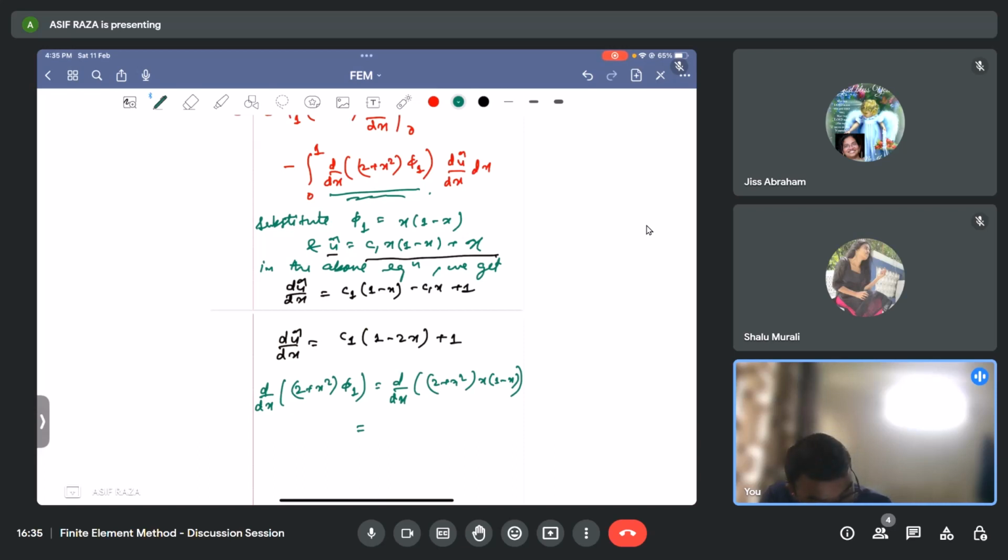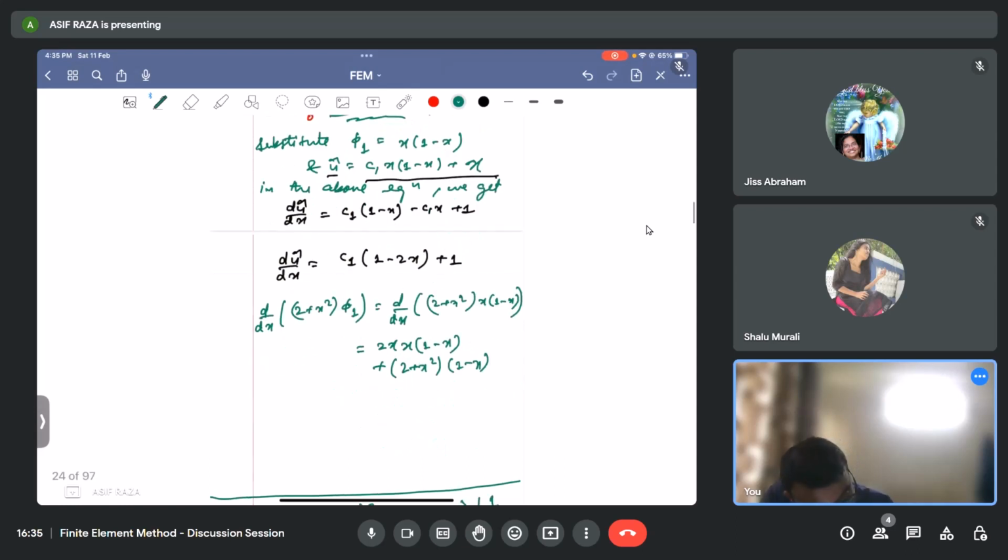So we'll get 2x times x(1 minus x) plus 2 plus x square times (1 minus 2x).